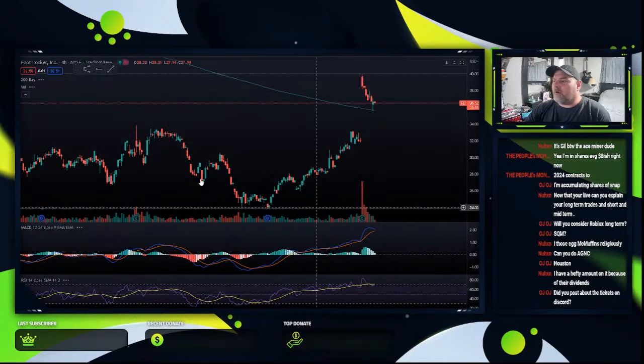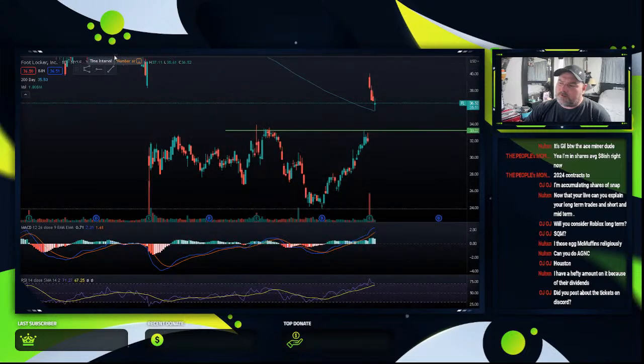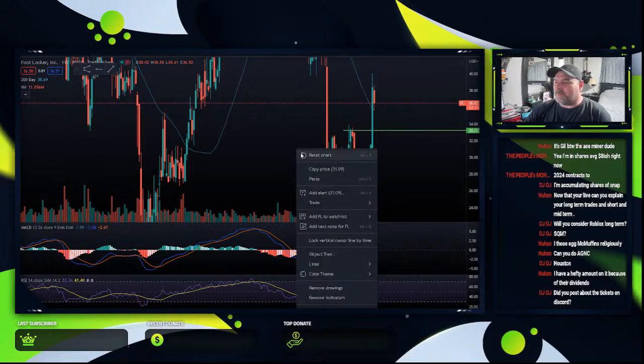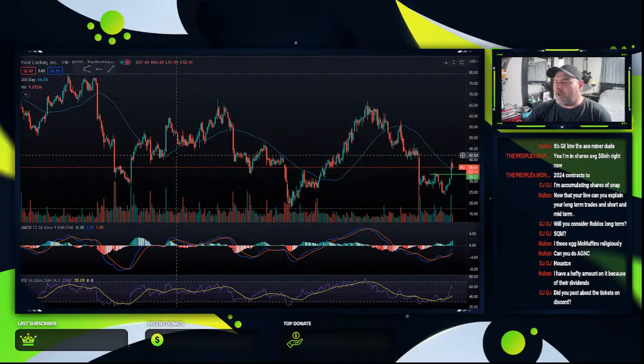Foot Locker is so close to doing what it needs to do. After a massive run like that, we just got to look back. After a massive run, it usually trickles back 3/4 of the run.